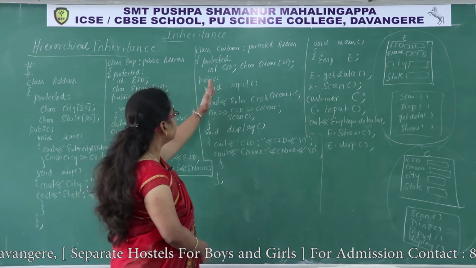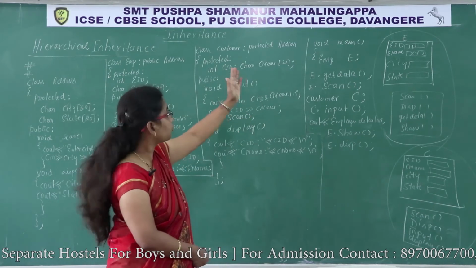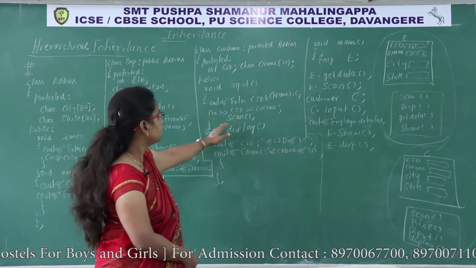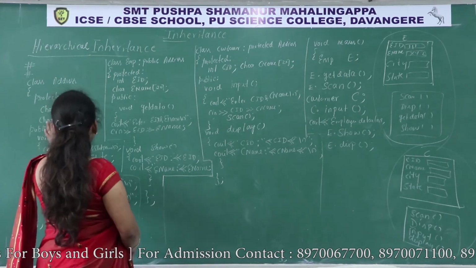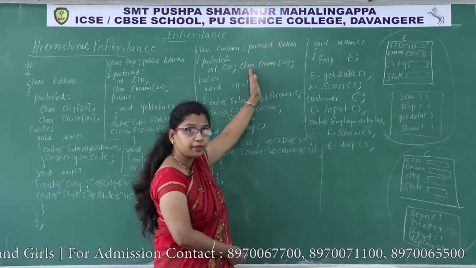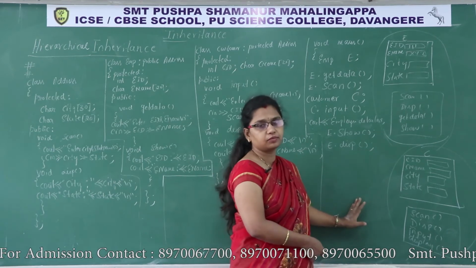But in this particular derivation, customer, it is derived in protected mode. Protected mode alli derived maadide. So all these protected and public members become protected members of the derived class. So I cannot access them directly from the main function.